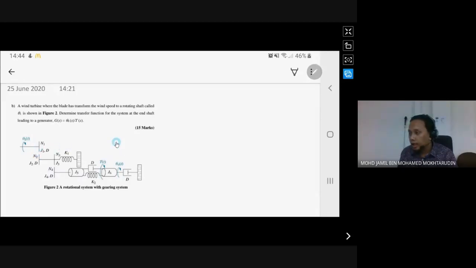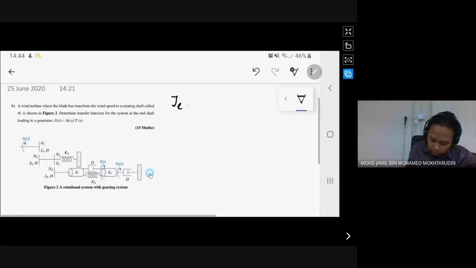Okay, let's look at how to calculate the impedance. Firstly, we look at the J, the inertia. First, we have J4 here. J4 is already on this section, so you just add J4 to J5.